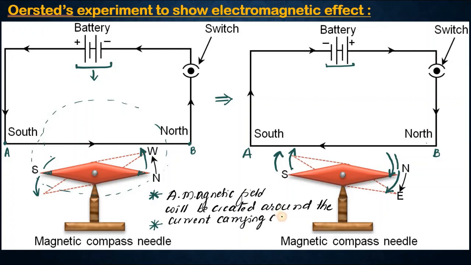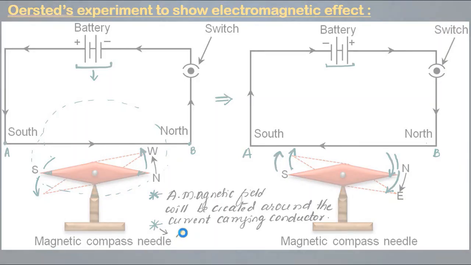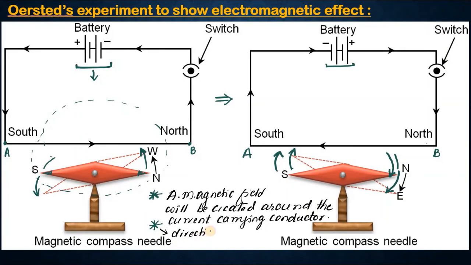This is the first conclusion he drew from the experiment. Then what is the second conclusion drawn from this? The direction of the magnetic field changes as the direction of the current changes. So these two are the very important conclusions drawn from Oersted's experiment.